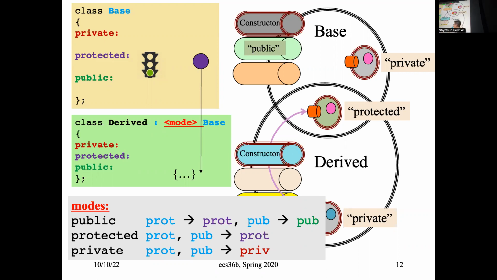That's for public. If you define it as protected, then your public in the parent becomes protected, and your protected in the parent becomes private. And if you define it as private, then everything becomes private. Okay, that's the definition. So I will stop here and we'll continue on Wednesday.